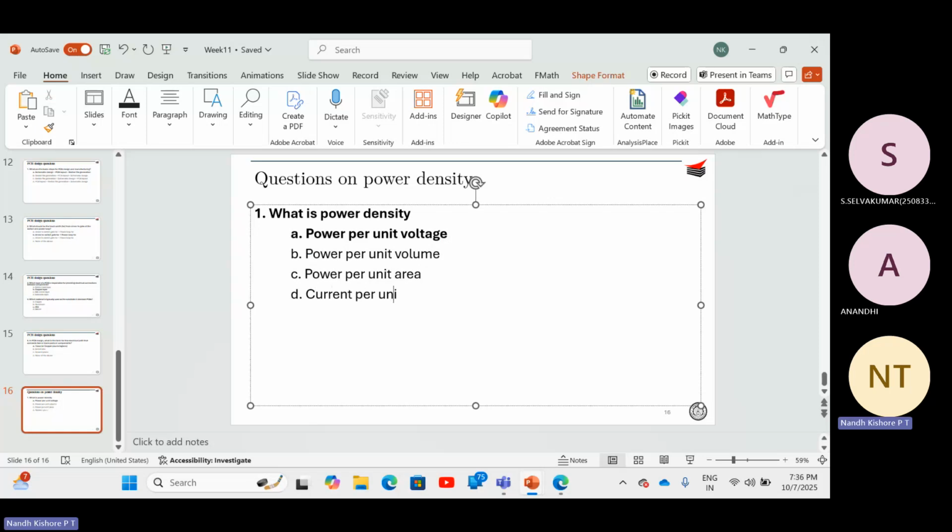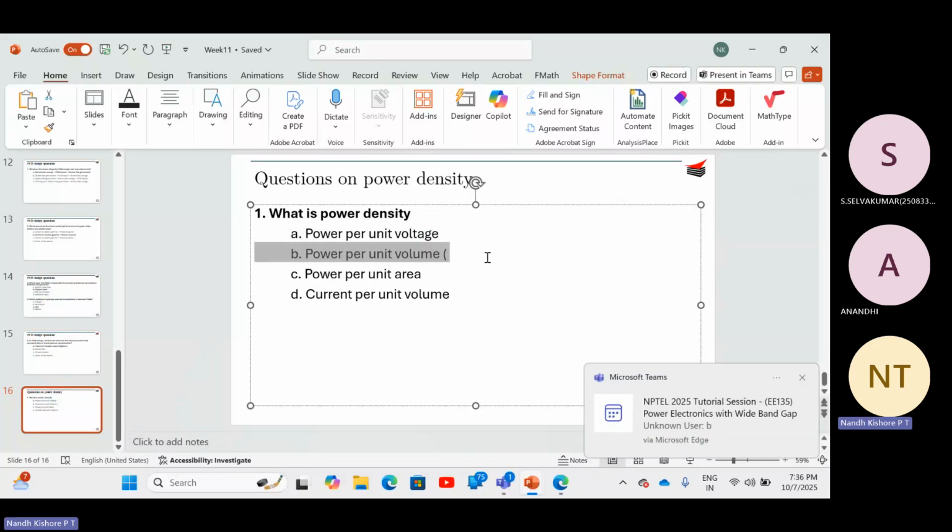So what is the correct answer? Very simple, right? The answer is power per unit volume. That is your correct power density.